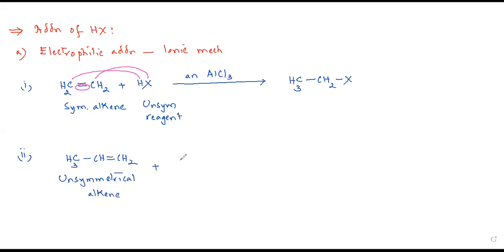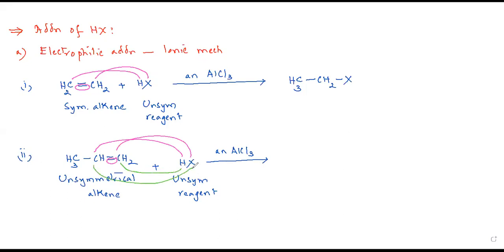Now, when the unsymmetrical reagent is added to unsymmetrical alkene, that is when the interesting thing arises. Of course, we can remove a bond, but there are two possibilities. We can add a hydrogen to this, halogen to this, or even the other way also is possible.